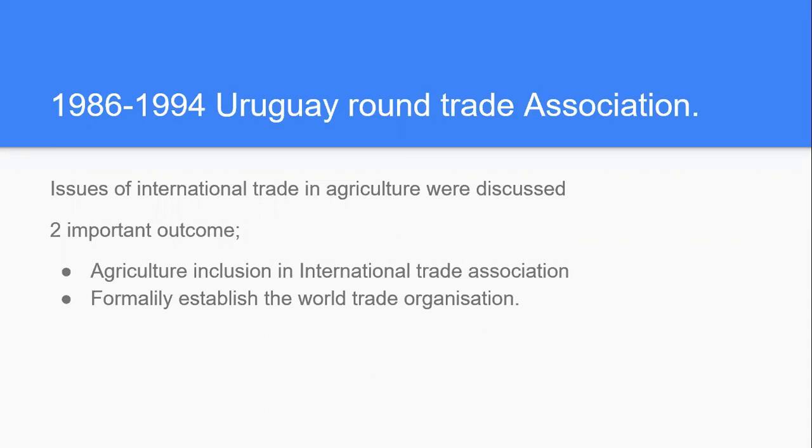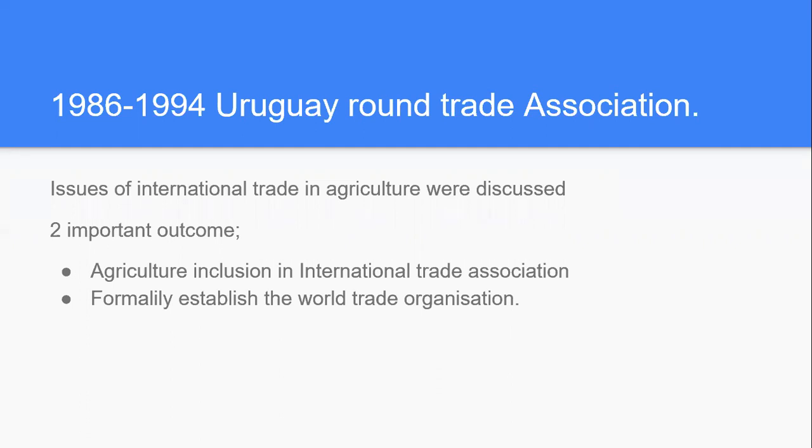Now, there were two main important outcomes from the Uruguay Round, where the first one was inclusion of agriculture in international trade. Okay. And the second one was to formally establish the World Trade Organization, WTO. Okay, WTO, remember, was established in 1994, through the Uruguay Round. Okay.